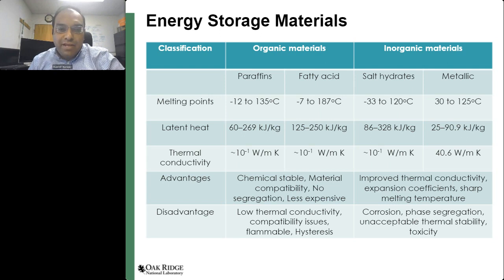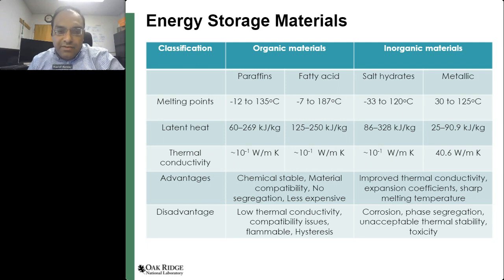To start with the organic materials, we have materials such as paraffins and fatty acids, which can have a very broad range of melting points. The latent heat is obviously acceptable. It's higher than some of the inorganic materials. One other important constraint is the thermal conductivity, which conventionally has been considered a major factor. However, it highly depends upon how these materials are deployed.